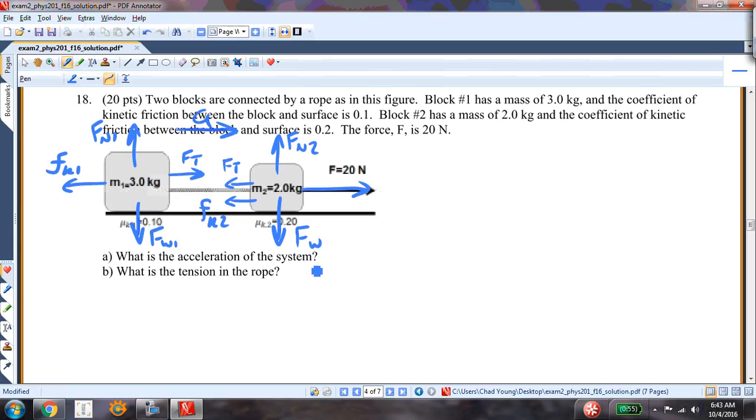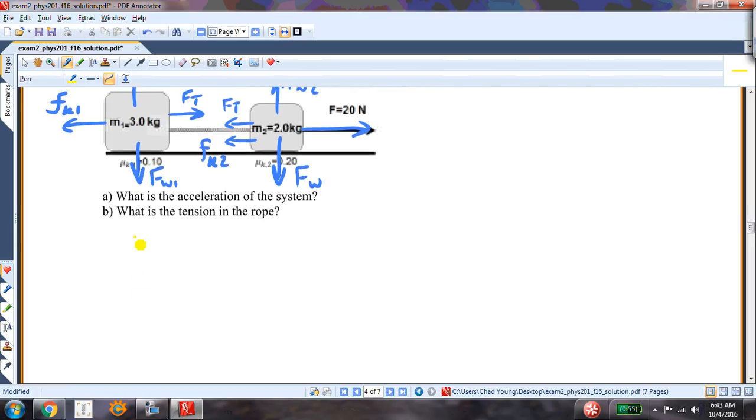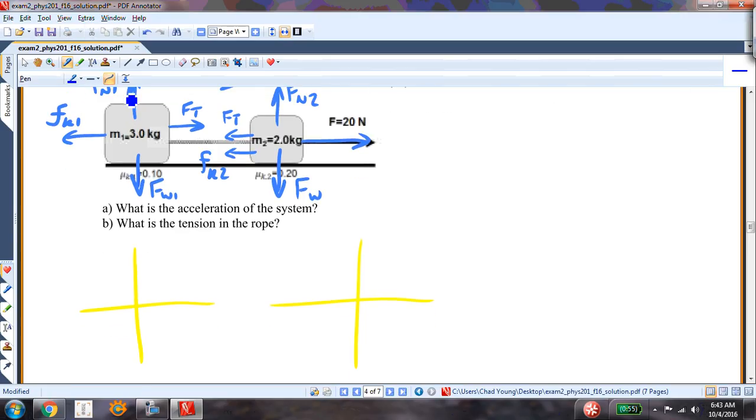Now I can draw my coordinate systems for both of these. The free body diagram, you may or may not have chosen to do this. It's largely the same as what we have up here. But I have Fn1, Fw1, Fk1, and Ft.